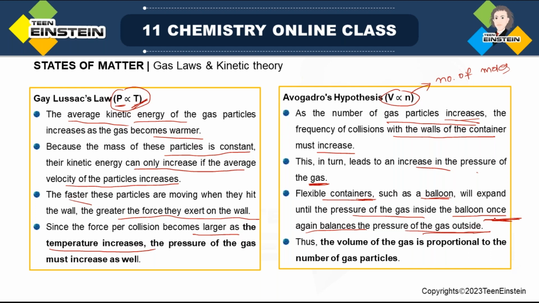Until that point, it will continue. So now we can say that the volume of the gas is proportional to the number of gas particles. As you have increased the number of gas particles, the volume will increase. And this is Avogadro's hypothesis.